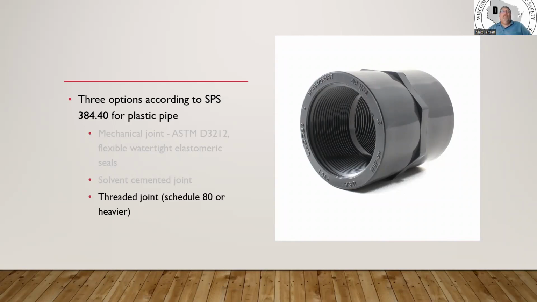And we don't want to have a gap in that pipe where we're not getting effluent out to the end of the drain field. So they still should be using one of the required options for attaching pipe to pipe. Pretty much what they're going to be doing out there is a solvent cemented joint. So those are the three options of the 384.40 for joining plastic pipe. That's what they need to be using.